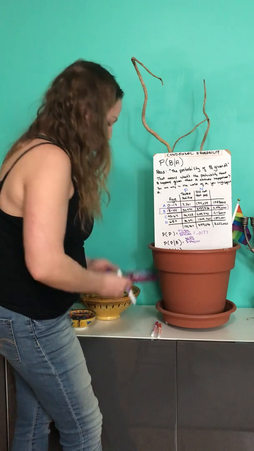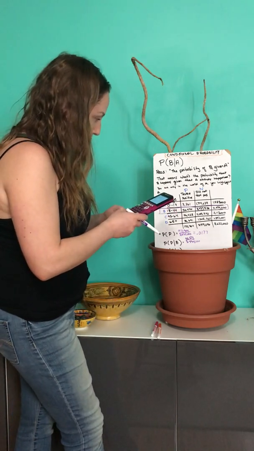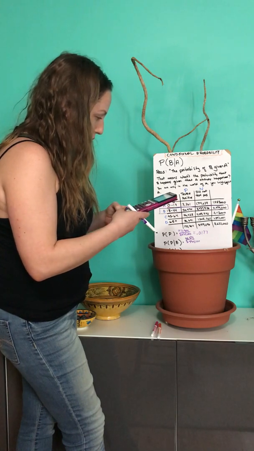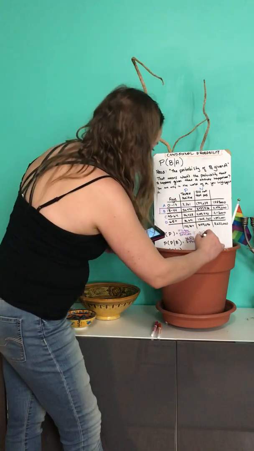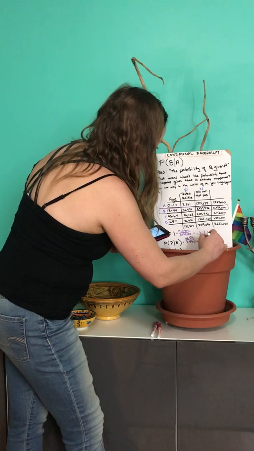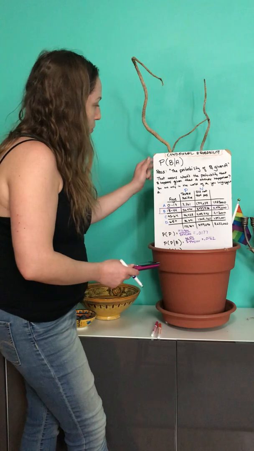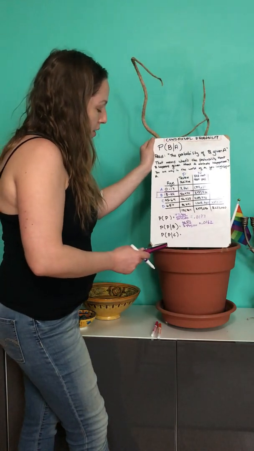Okay, 56,474 divided by 3,494,000, and that's 0.0162.